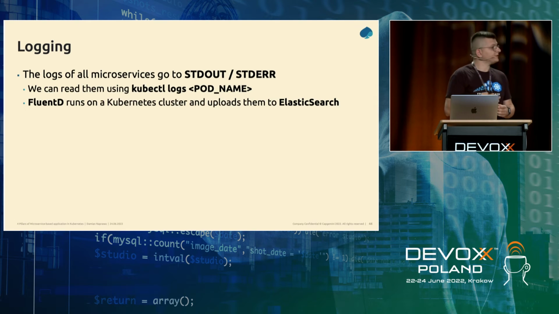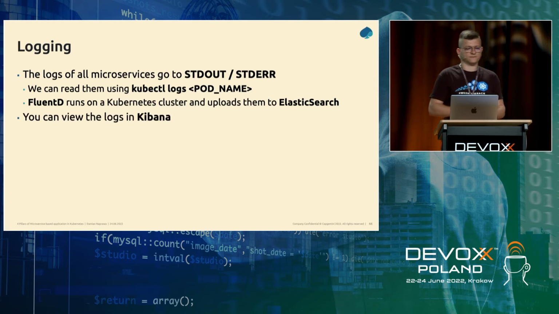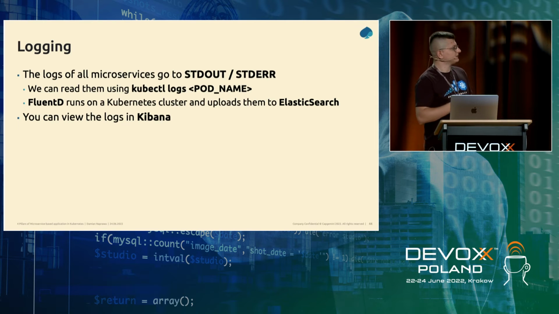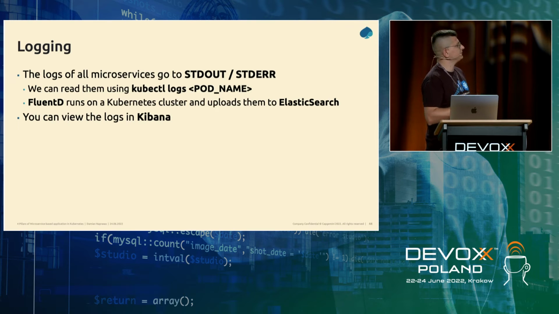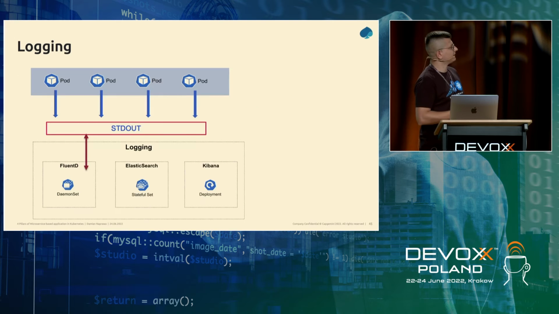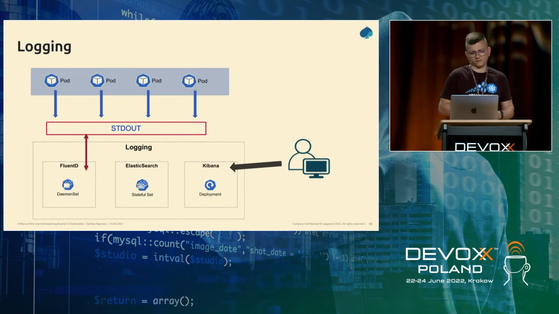So we can read them using simple command like kubectl logs, but we will use the fluentd agent, which will be deployed on the Kubernetes cluster, and it will constantly monitor the logs that are coming from all microservices, and it will be uploading them to the Elasticsearch. Then we will be using the Kibana to query the logs in a convenient manner. Yeah, so it looks more or less like this.